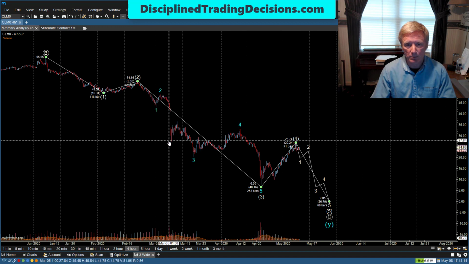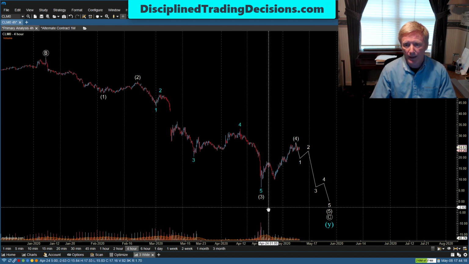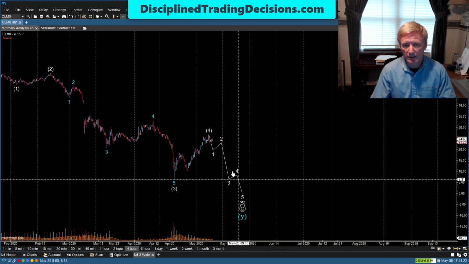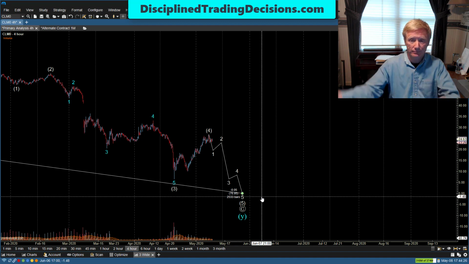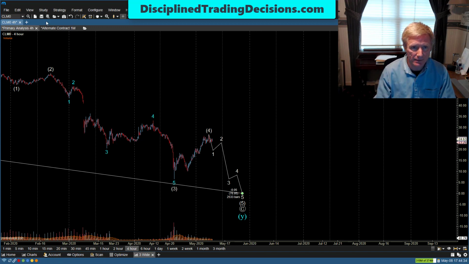Wave 3 is made up of these 5 waves. 1, 2, 3, 4, 5. And then an ABC for 4. And we go down another 5 waves for Y. And then the market can resume its upward path.